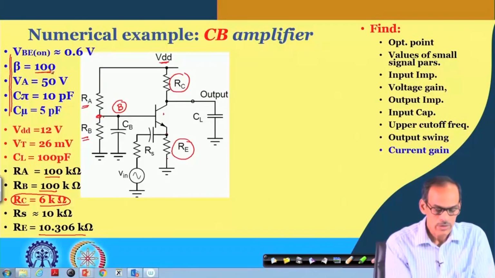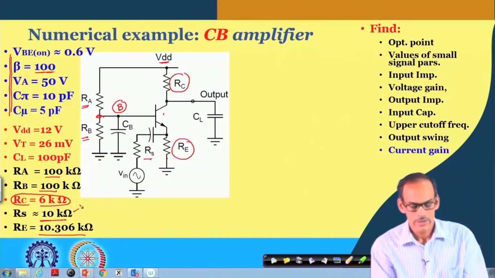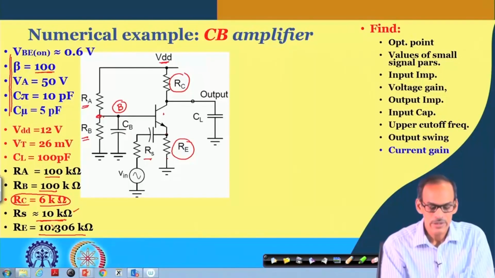Also we are considering a signal source resistance of 10 K. The effect of this resistance we already have discussed.